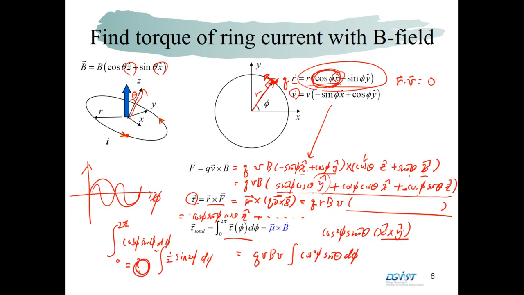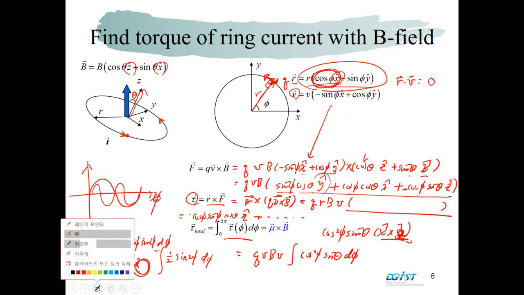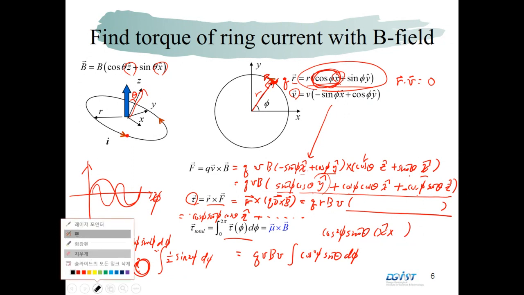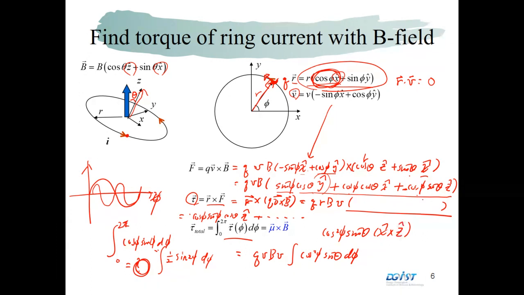This is the z-axis. So we have, sorry, this is the z direction, and you have a minus sign here. This is minus y, so we have a y direction.